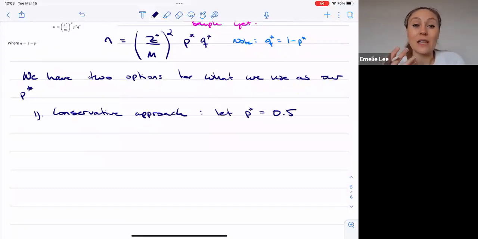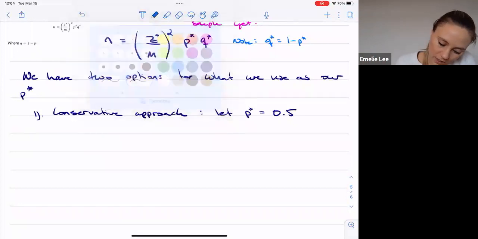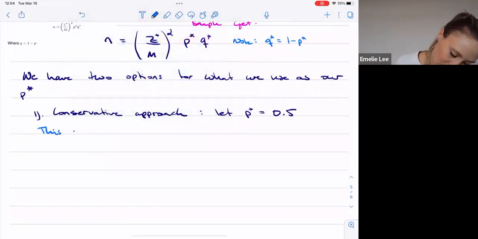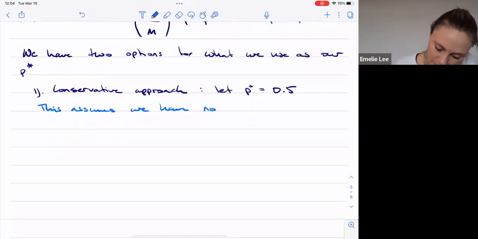This will give us the largest possible value for n that we would need. Okay, so that's what makes it the most conservative approach. It also assumes that we have no prior knowledge about the proportion.